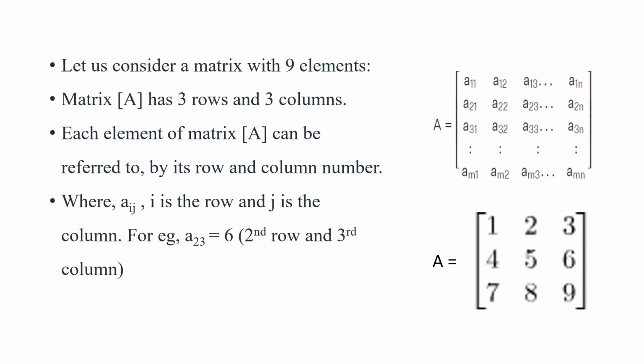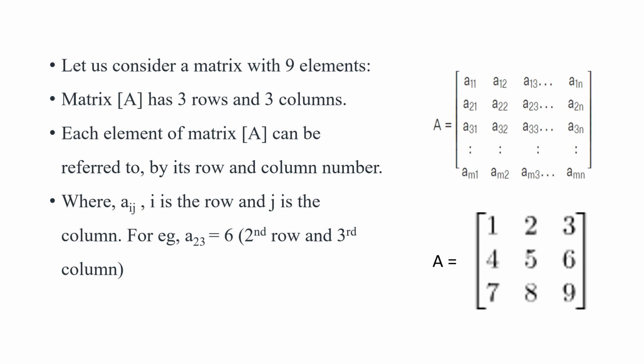A matrix is represented by an uppercase letter, in this case capital A, and the elements in the matrix are represented by the lowercase letter with two subscripts representing the position of the element in the number of rows and columns in the same order.